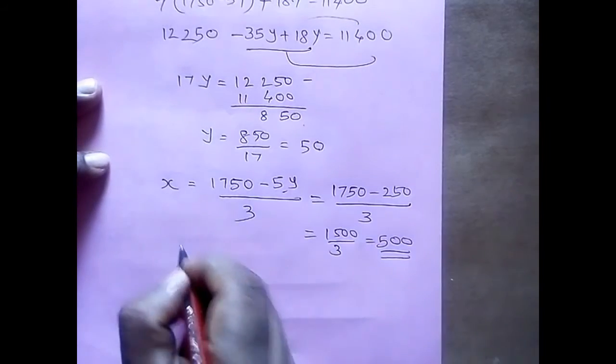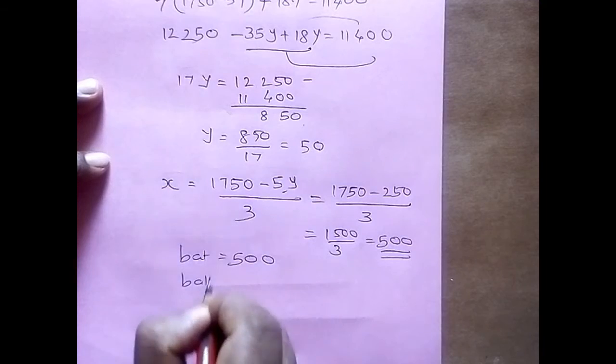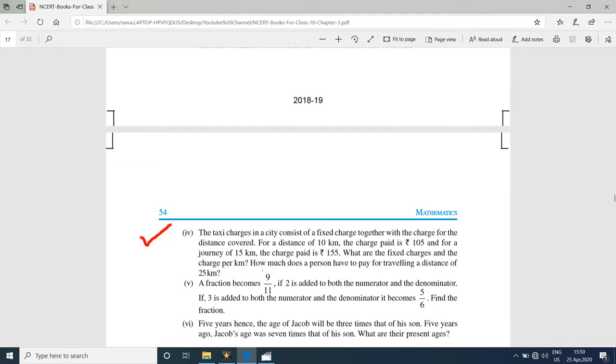So cost of a bat is equal to 500 and cost of a ball equal to 50. Okay, now we are going to the fourth sub question.